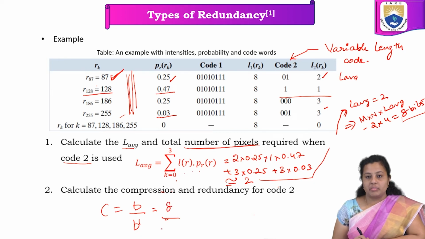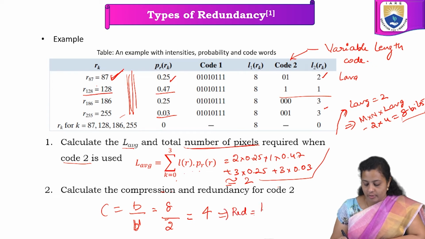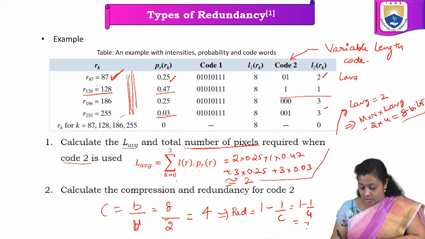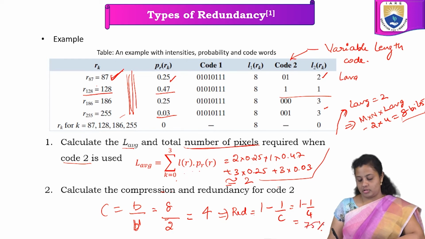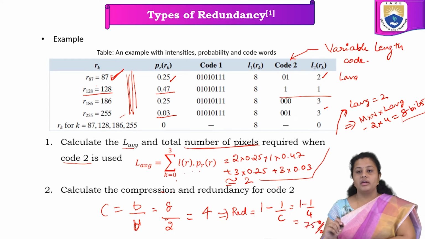B dash is the L average when code 2 was used, which we got as around 2. So we get the compression ratio as 4, which implies the redundancy is given by 1 minus 1 by C. That is 1 minus 1 by 4, which is equal to 75%.